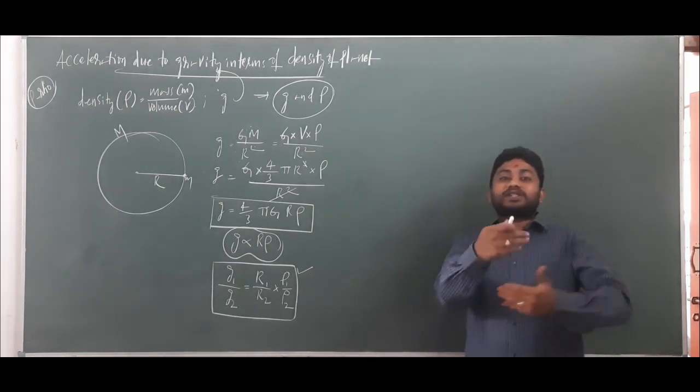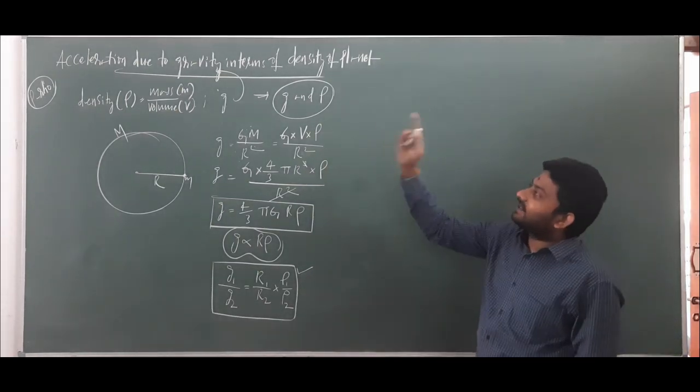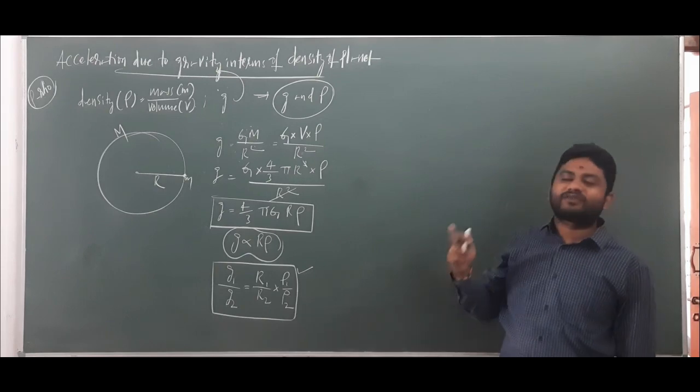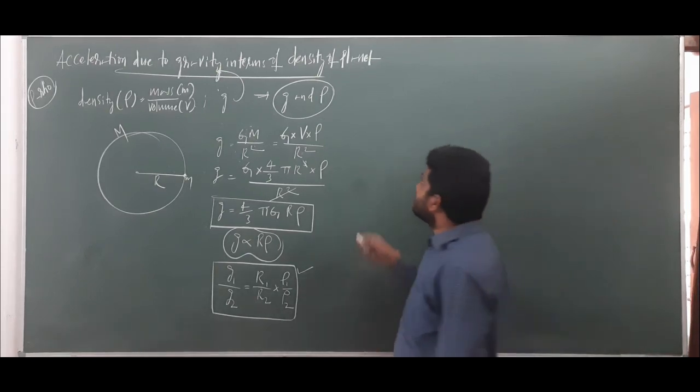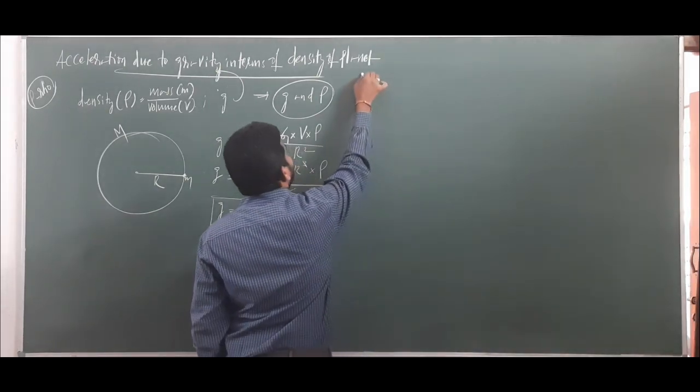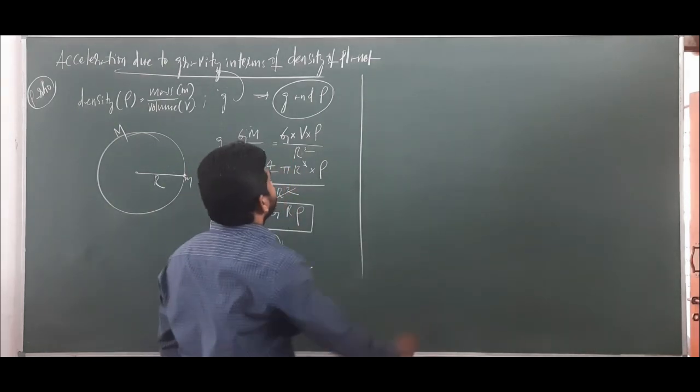Now, how will questions be asked based on acceleration due to gravity in terms of density of a planet? Let's see the question here. So let me write the question also here.